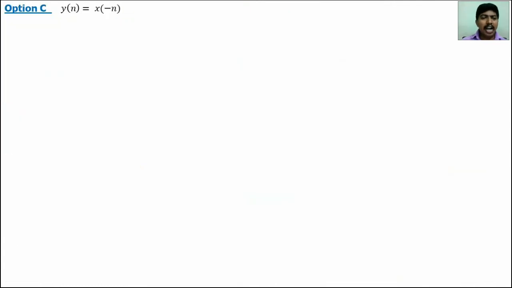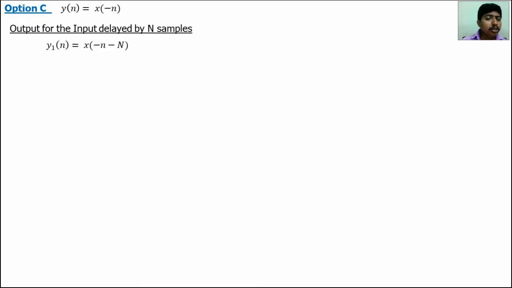Now we will check option C. This is the option C system. Same concepts. Output for the input delayed by n samples. Here input is x of minus n. So the output for the input delayed by n samples, y1 of n, is equal to x of minus n minus n. This is the input delayed by n samples.